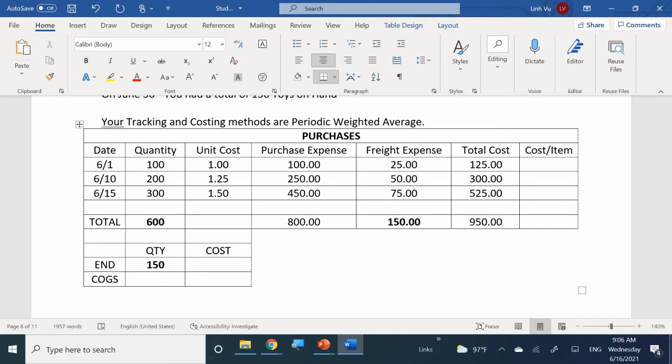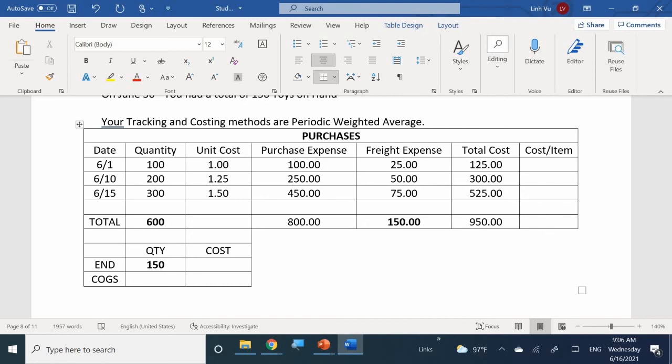So here, how much is my average cost per item? We take the total cost divided by quantity.